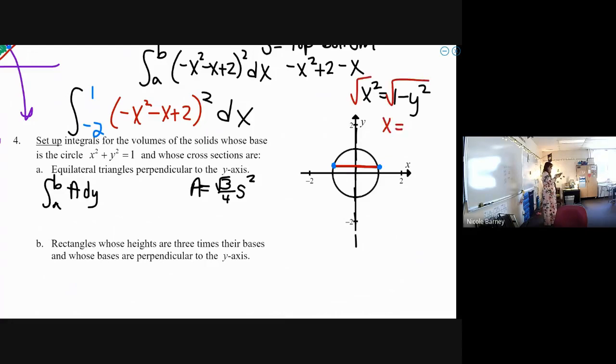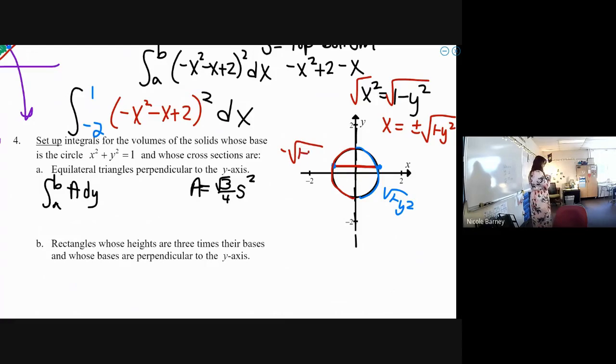That would be plus or minus the square root of 1 minus y squared, right? Guess what? The plus side is this half of the circle. The minus side is this half of the circle. So this is root 1 minus y squared, and this side is negative root 1 minus y squared. Now we have a right curve and we have a left curve.